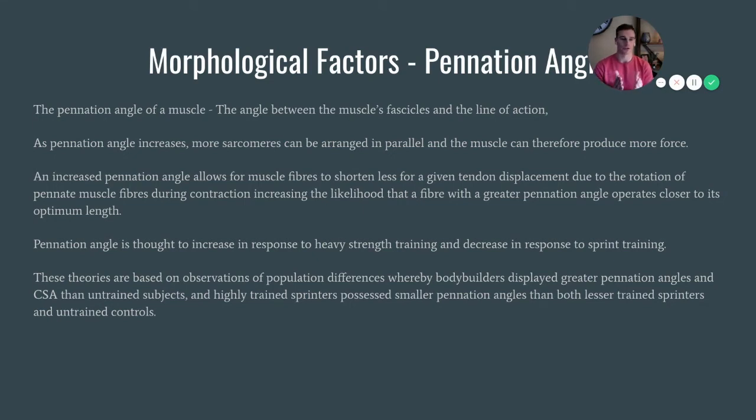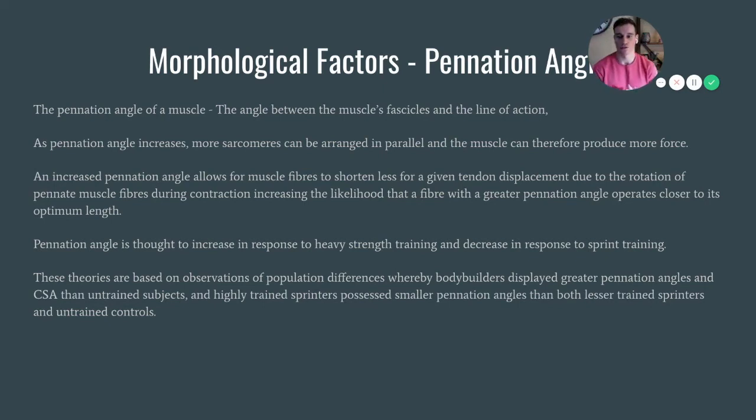Now, in response to heavy strength training, the pronation angle is thought to increase, whereas in response to sprint training, it's thought to decrease. We'll talk about that a little bit further down the line, but you can have a think now as to why that might be.